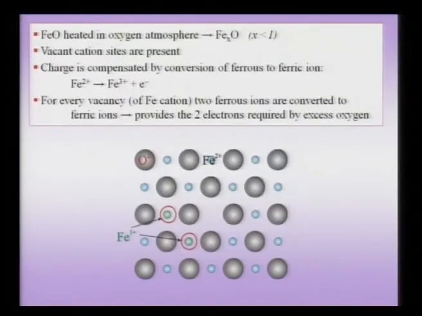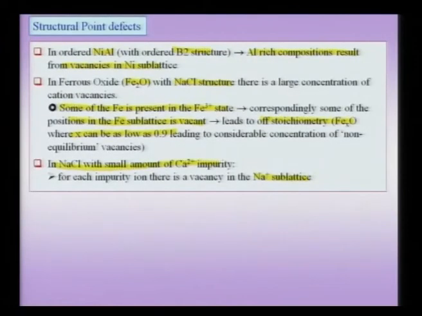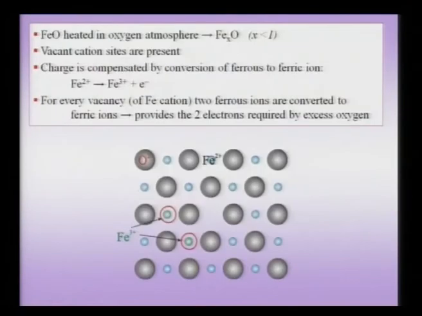Another example of off stoichiometry is a different version of the example I considered above, which is ferrous oxide, in which case, if FeO is heated in an oxygen atmosphere, you find that the stoichiometry is disturbed from Fe1O1, and x in this formula of Fe(x)O can be less than 1. So, there are vacant cation sites present, which you can see in this illustrative example.